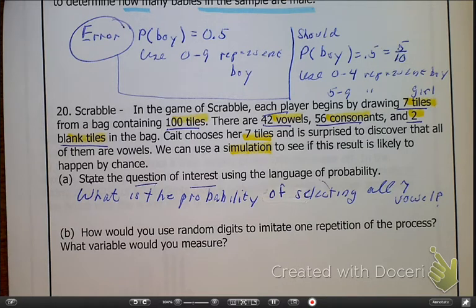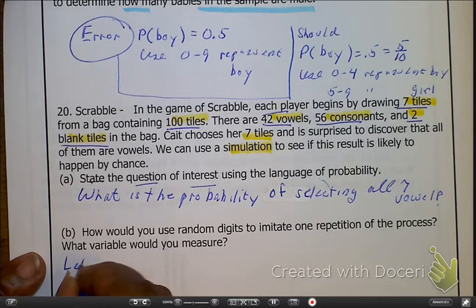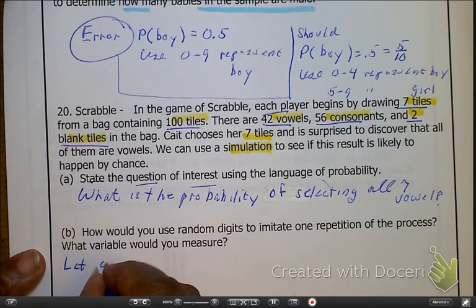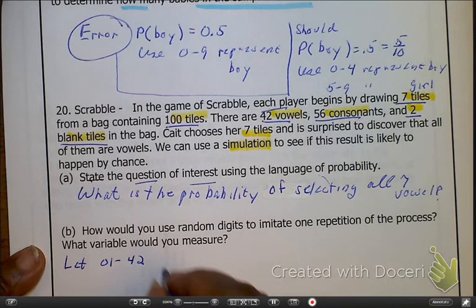Okay, so first of all, we're going to let 01 to 42 represent vowels.